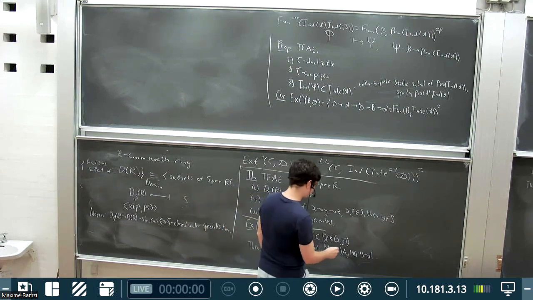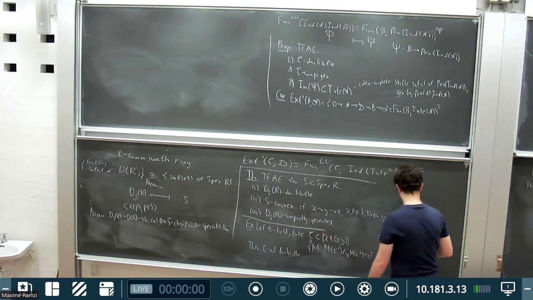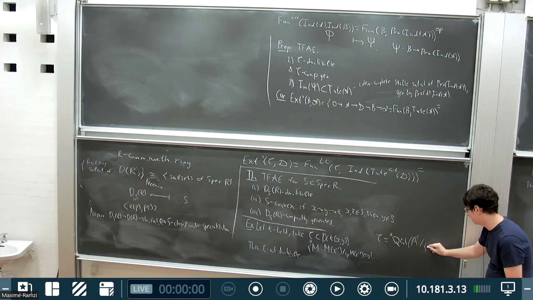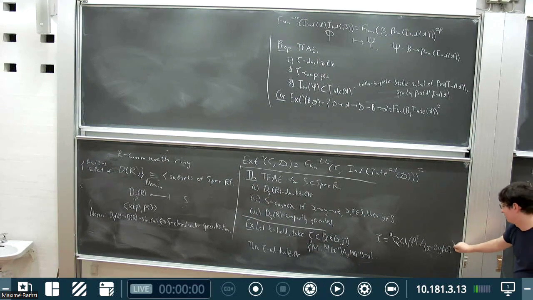So this category is like quasi-coherent sheaves on the affine plane minus a copy of G_m, which is like x equals 0 and y non-zero. Unless I'm confusing x and y, sorry.